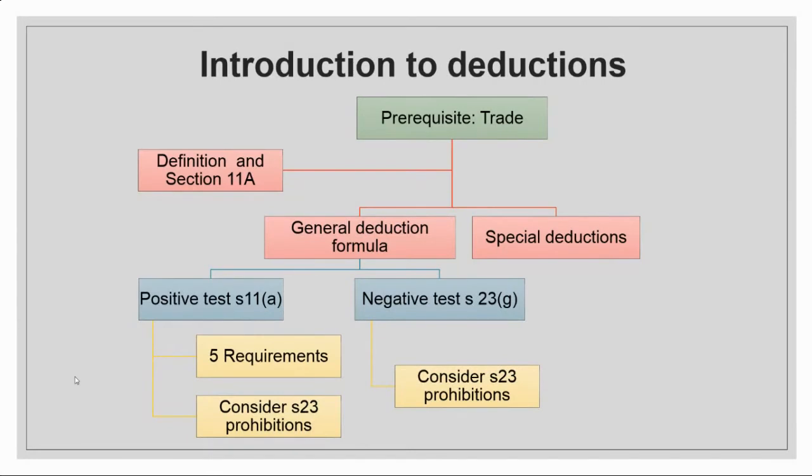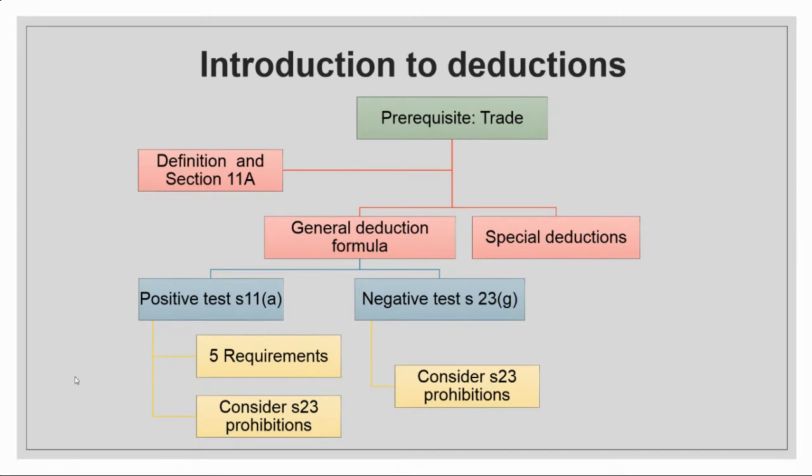You would then apply those 5 requirements, but you also need to go look at that list that is prohibited to see if that item is not potentially one of those items that SARS specifically said, no, you're not allowed to deduct, because then your answer would be no, it's not allowed.